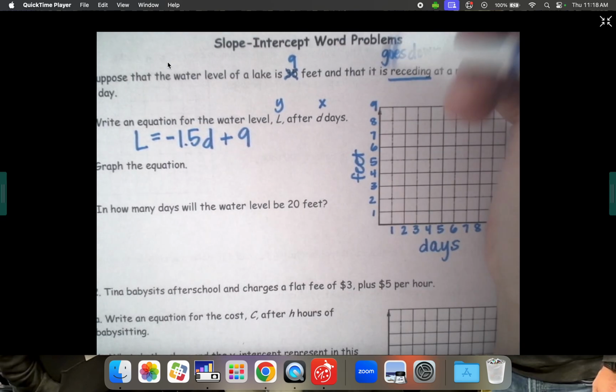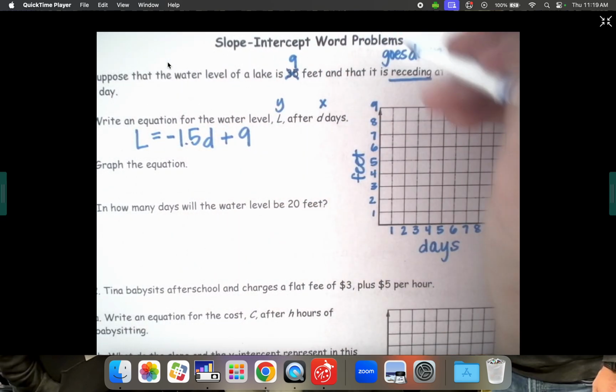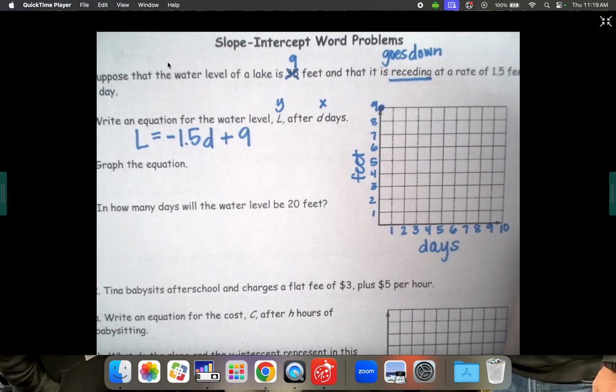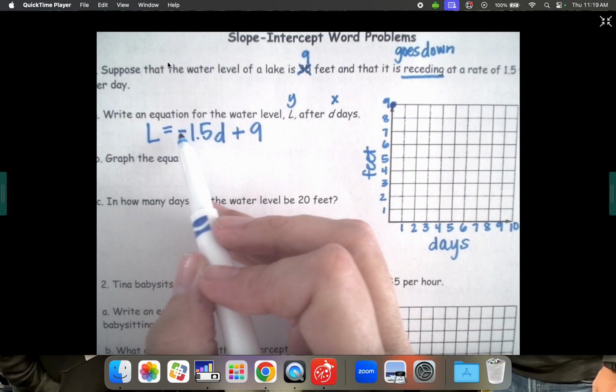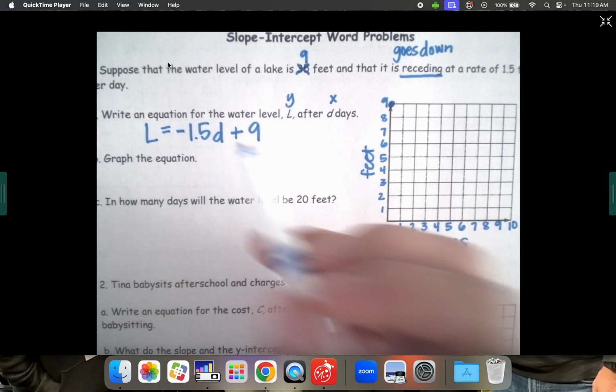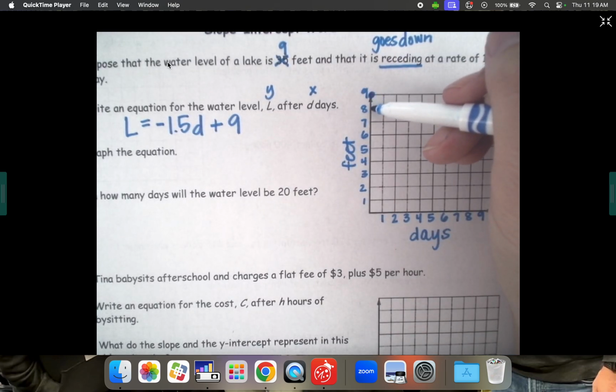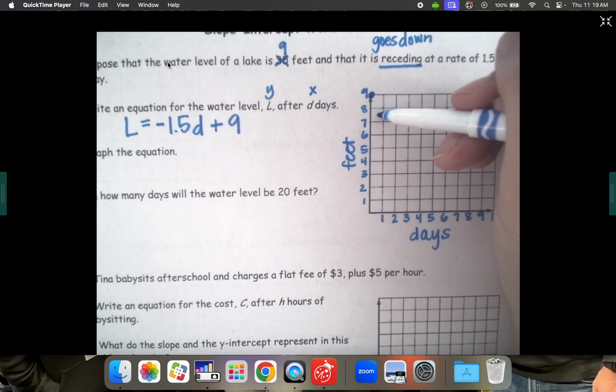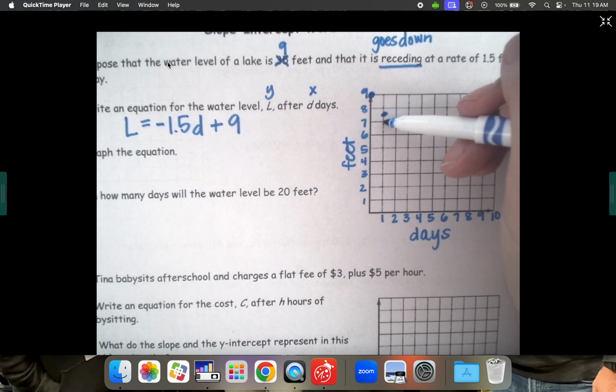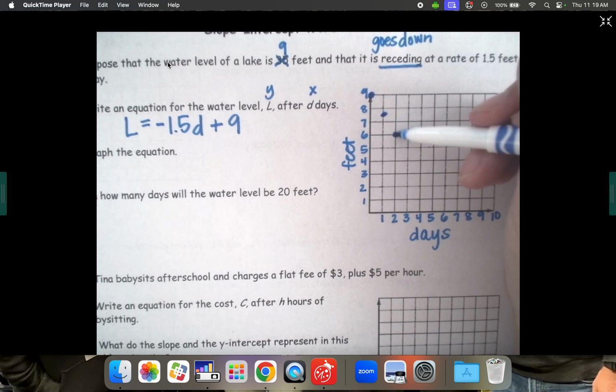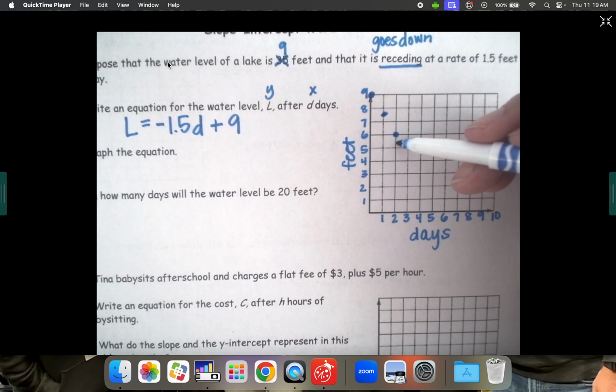So you're going to put your first dot at your y-intercept, which is where the lake started, and we're decreasing 1.5 feet per day. So we're going to go down to 8 and then 7.5 for one day, another half and 1 for the next day, another half and 1 for the next day.